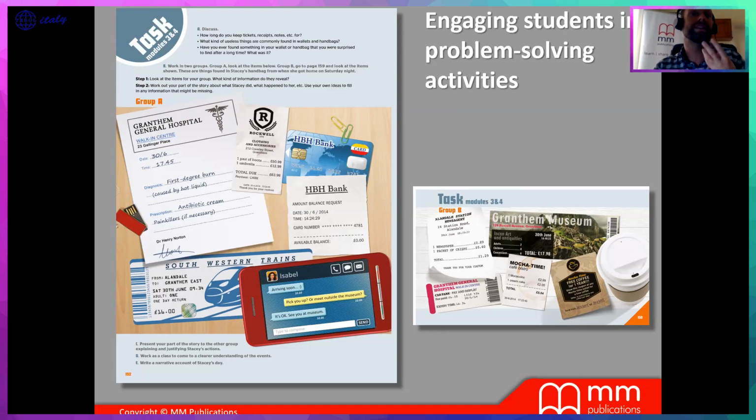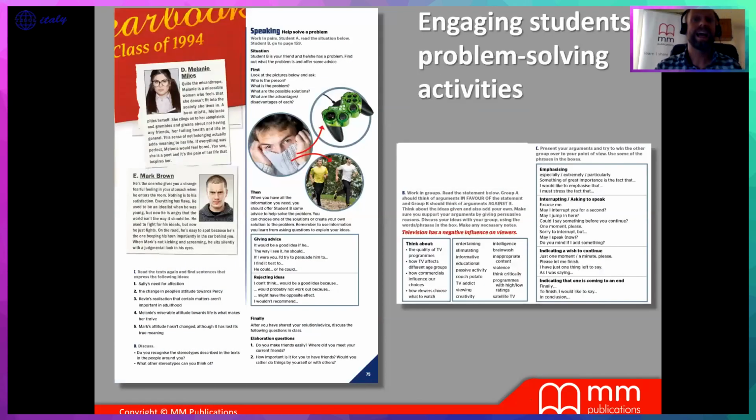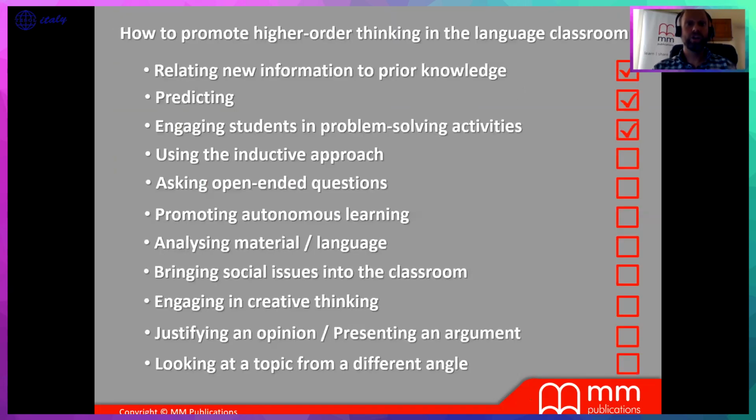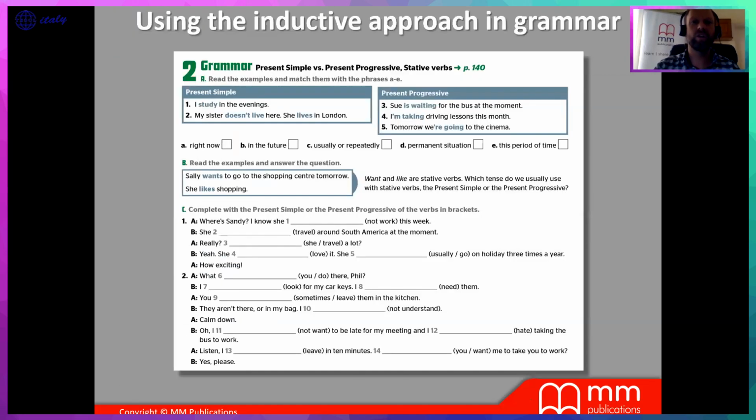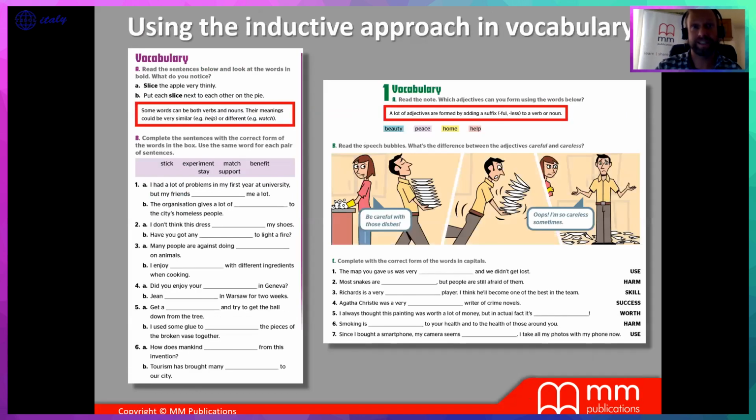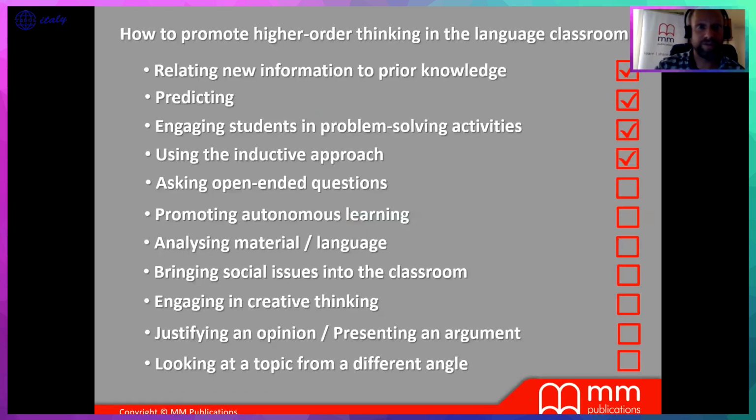So it is a much more realistic way of communicating, and we are providing this using the inductive approach, especially when it comes to grammar, instead of the more deductive approach, demonstrating the newly presented grammar through examples. And of course, with the vocabulary.